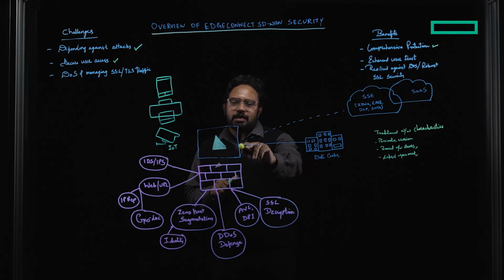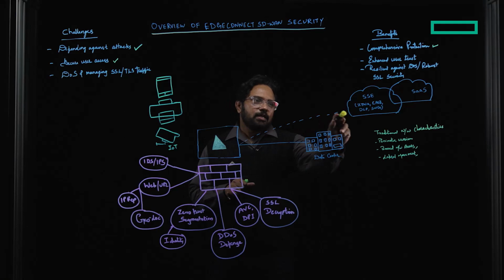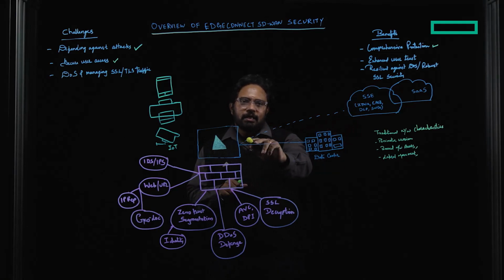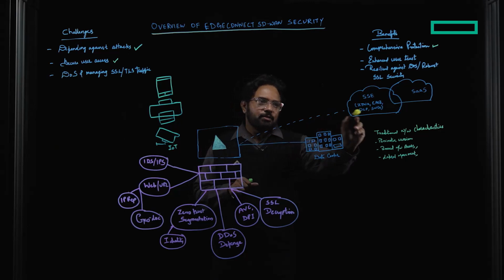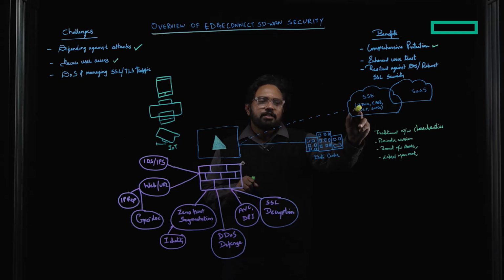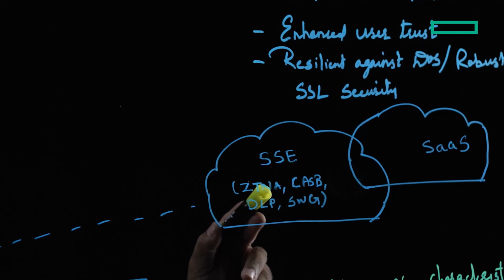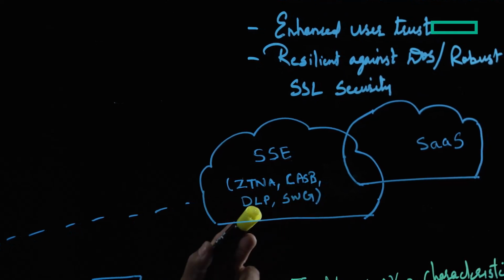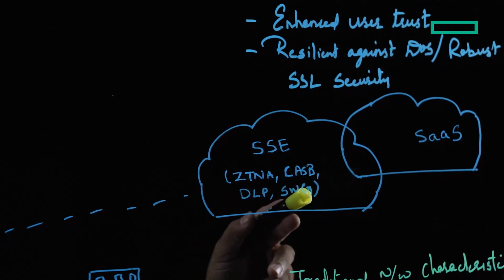And whenever the traffic is broken out locally on the EdgeConnect and sent across to an SSE, the traffic is the right one, which is against an authenticated user. Once the traffic is in the SSE, it is inspected against some security workloads, such as Zero Trust Network Access, CASB, DLP, SWG, and so forth.